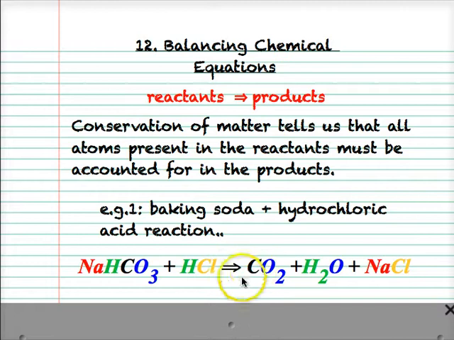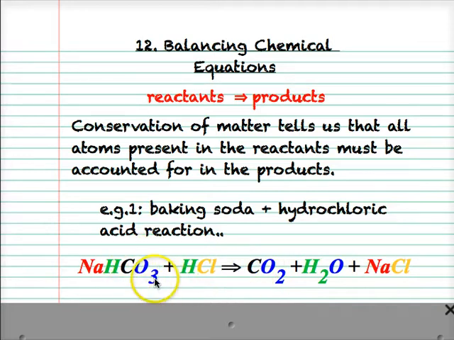The arrow in the middle represents the transition between the reactants and the products. Hydrogen on the left, 2 hydrogen atoms, and on the right H2 indicates 2 hydrogen atoms within this water molecule here. Carbon, 1 atom here, 1 atom here.